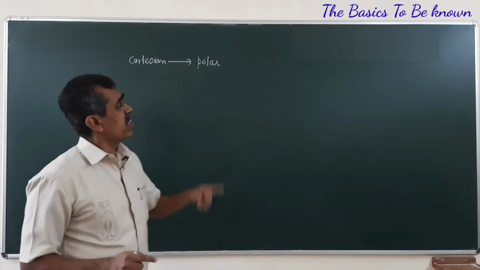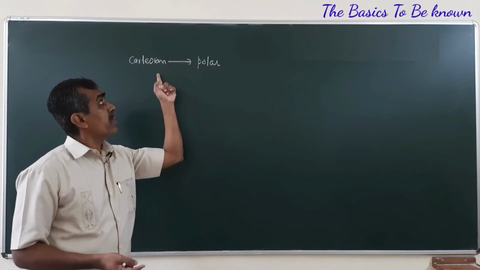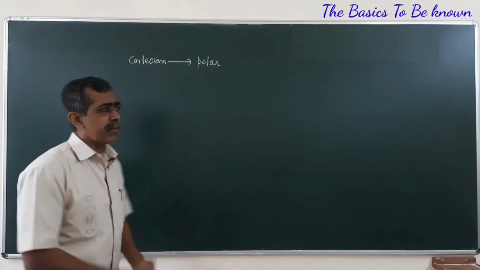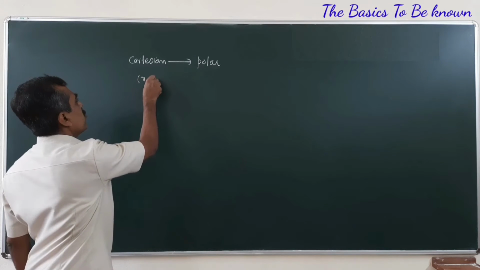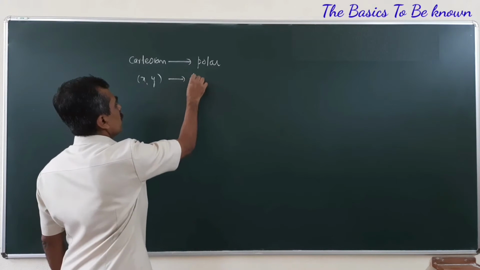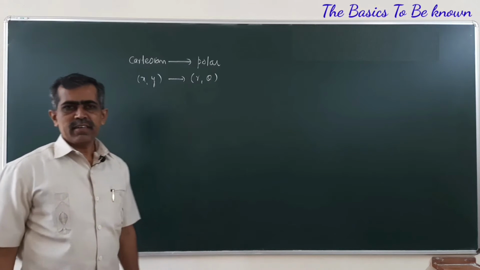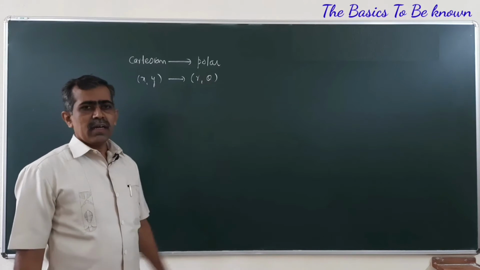In such cases we prefer change of variables from Cartesian coordinates x, y to polar coordinates r, theta. r is the radius and theta is the angle.